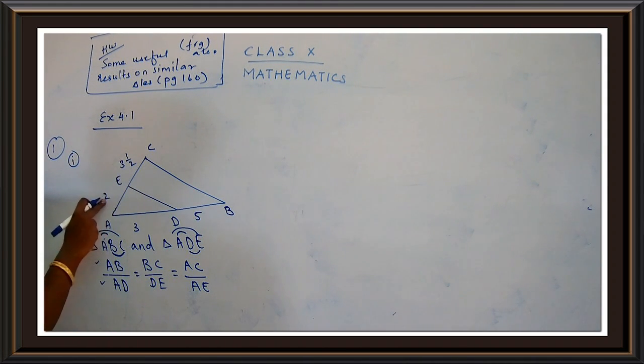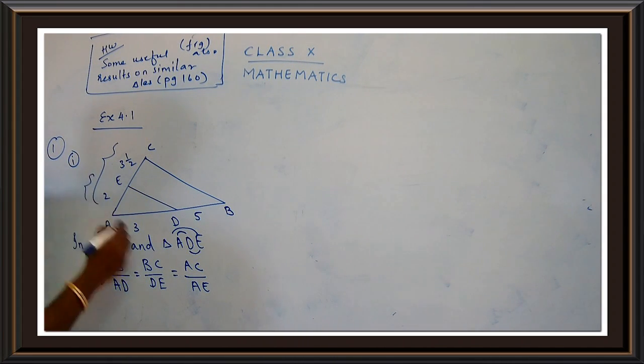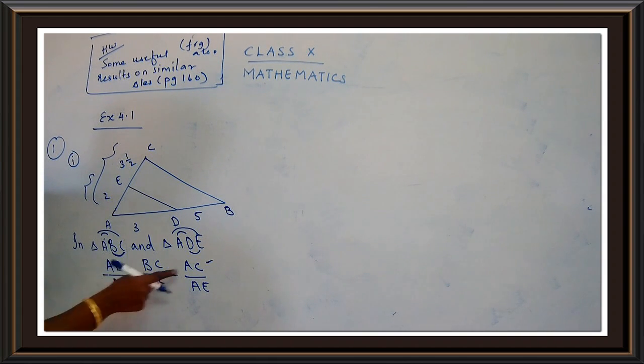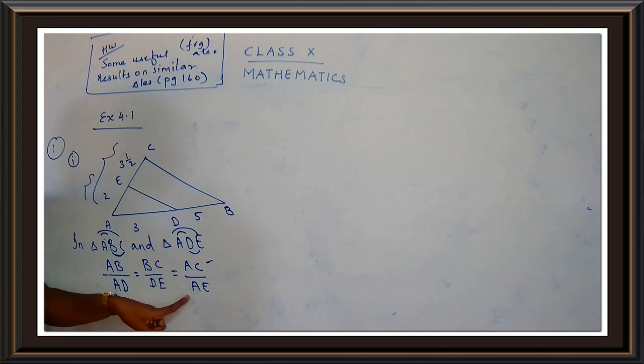I know the value for AE also. So I am going to take AB upon AD and AC upon AE, and check whether they are equal or not. Because I know the values of AB and AD and the values of AC and AE. But I don't know the value for BC and DE, so no need to worry about that. Just choose the ratios with the values which we know.